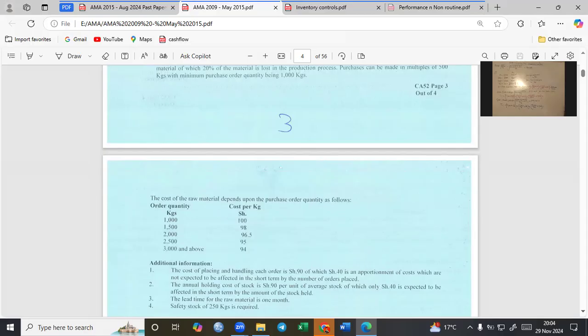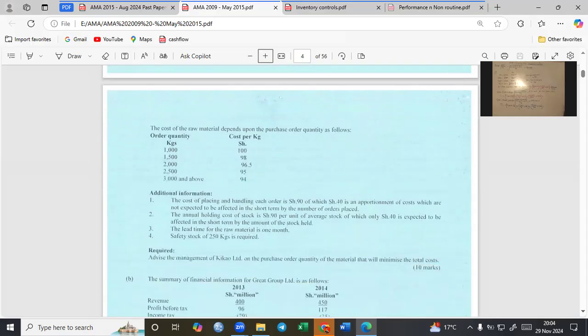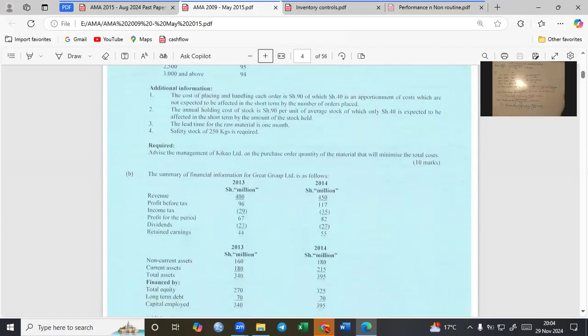So additional information. Number one, the cost of placing and handling each order is 90 and 40. Is an apportionment of cost which are not expected to be affected in the short term by the number of orders placed. Number two, the annual holding cost of stock is 90 per unit of average stock, of which only shillings 40 is expected to be affected in the short term by the annual stockholding.